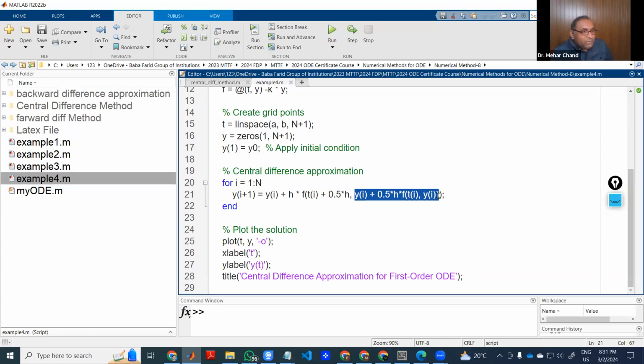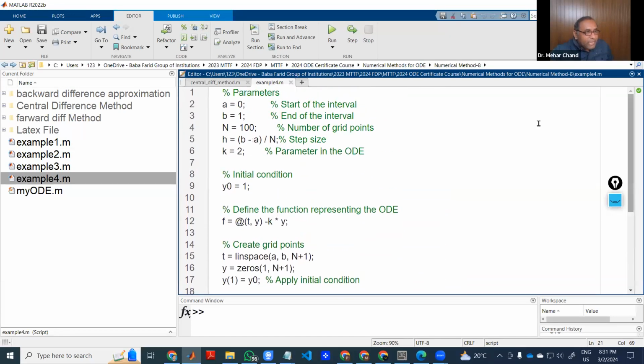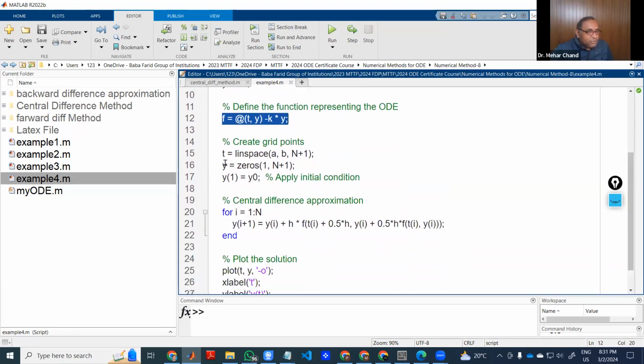By using the Euler method, we get the value corresponding to ti plus 0.5 h. Here the same method is implemented and the other things are the same. We are taking a equal to 0, b equal to 1, n equal to 100, h equal to b minus a upon n, k equal to 2, y naught, and this is the f function. The linspace and zeros parts are the same.